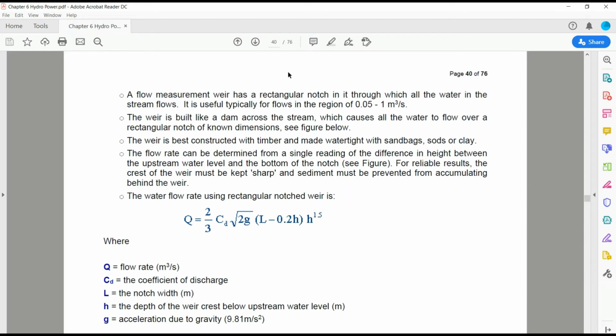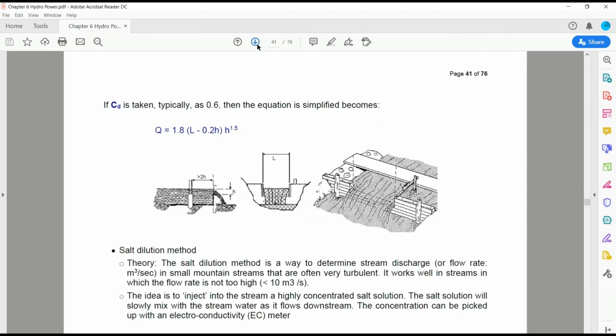So this equation is quite long, but if CD is taken as typically 0.6, the coefficient of discharge, then we can simplify the equation into Q equals 1.8 times (the length of the notch minus 0.2 H) multiplied by H to the power 1.5.